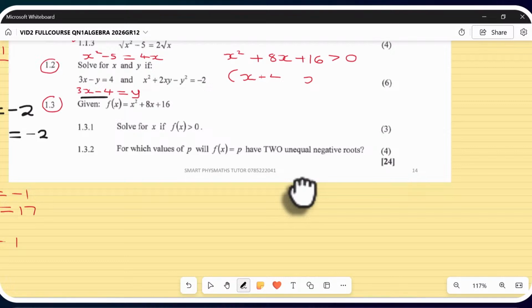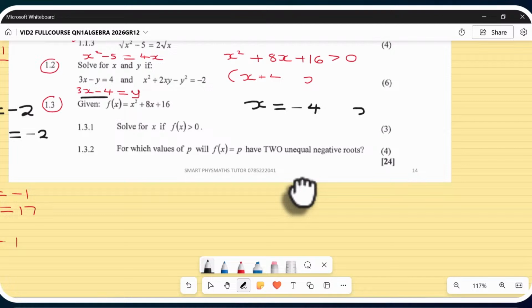So our answer is going to be x is an element of real numbers, except -4. That's our answer here: x is not equal to -4.